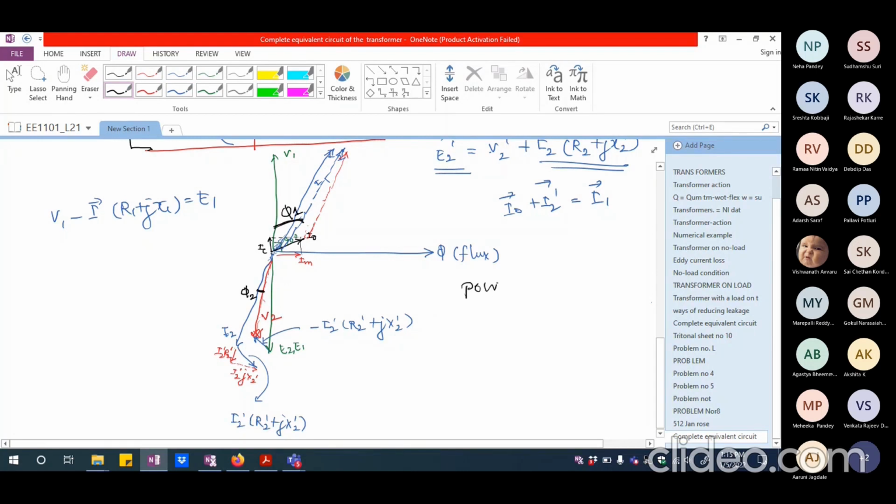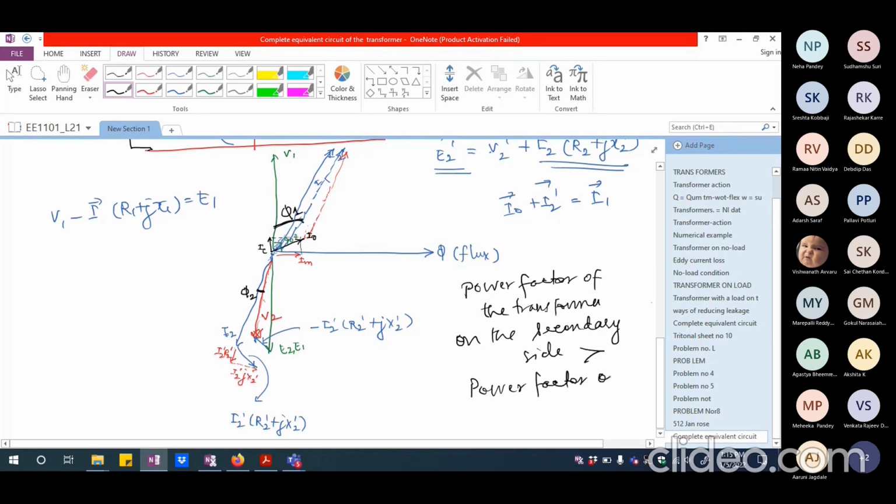Or I should say the power factor of the transformer on the secondary side is greater than the power factor on the primary side.